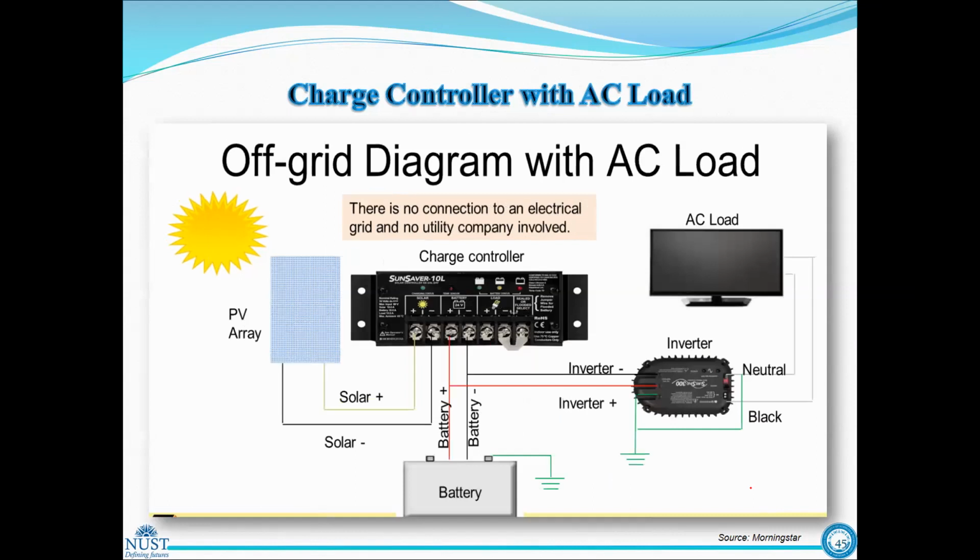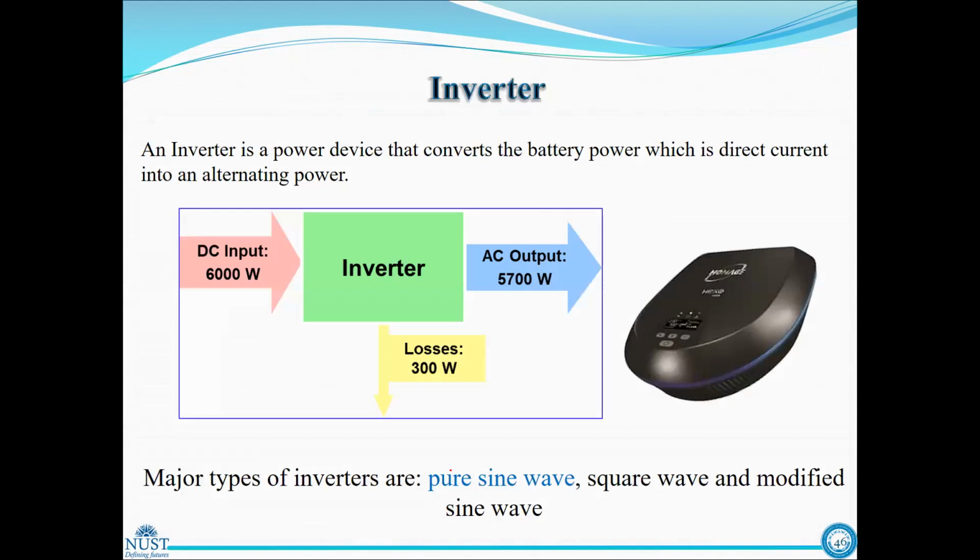If we have to run the AC loads, we can further connect the inverter in the same system, which will also be controlled by the controller and will get voltage from the battery for the standalone system. Anyway, inverters can be 95% efficient, and you can see the quality is very good here in Pakistan.